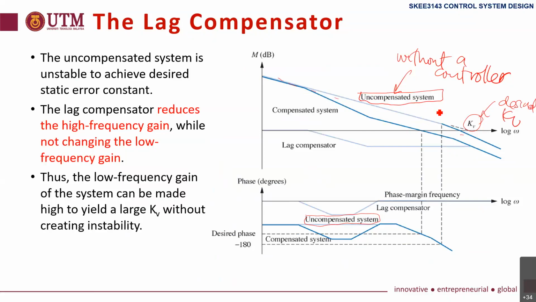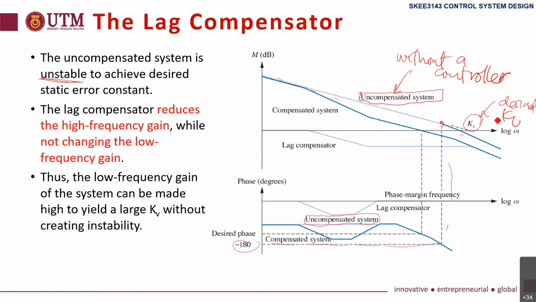But because we increase the gain of the system, if we check the uncompensated system at 180 degrees, check here, it is unstable. The system is unstable because at minus 180 degrees, the magnitude is positive. The original system is unstable.